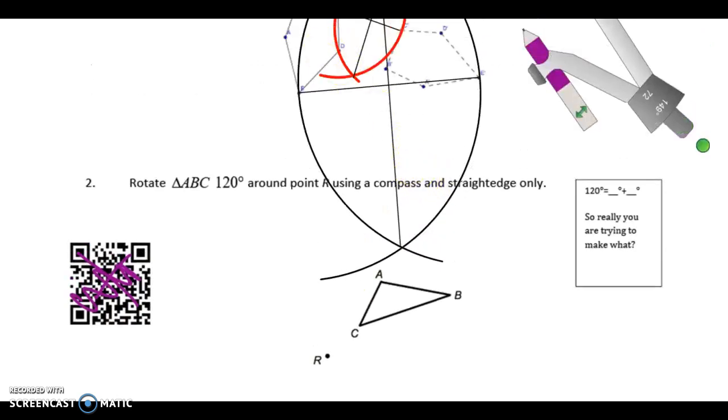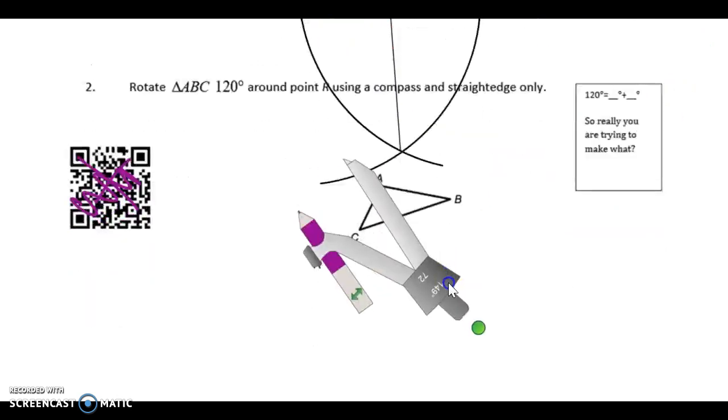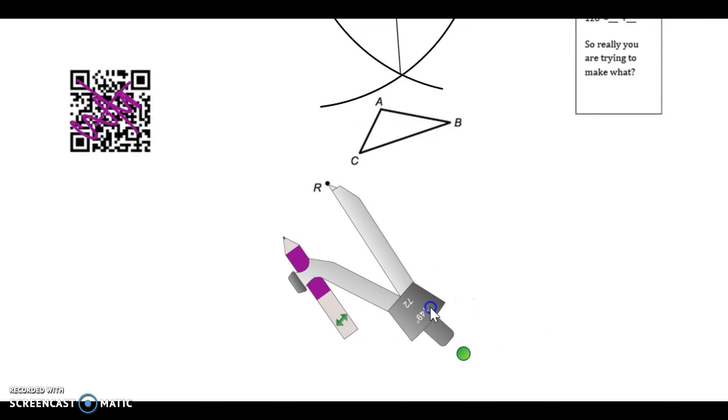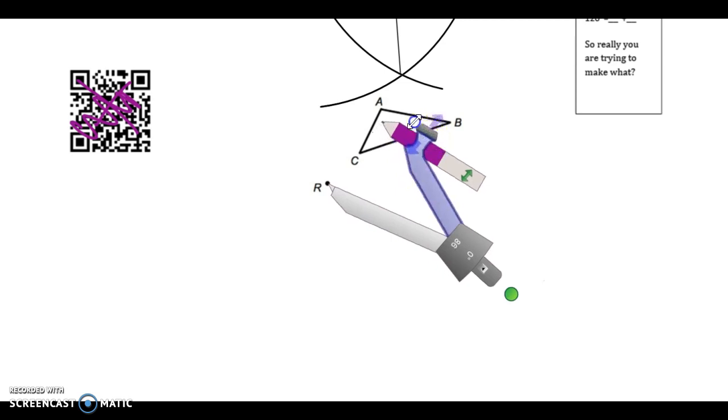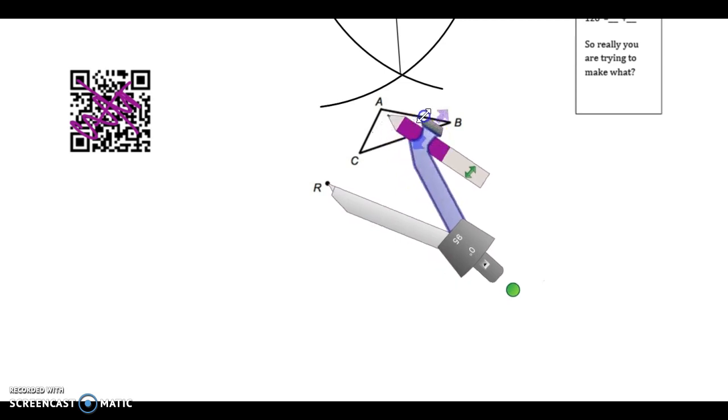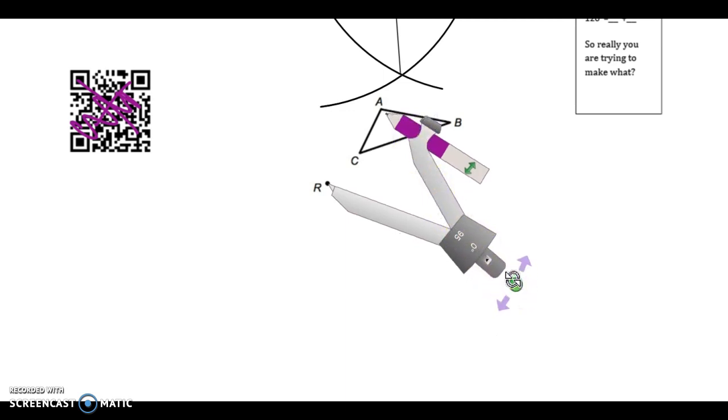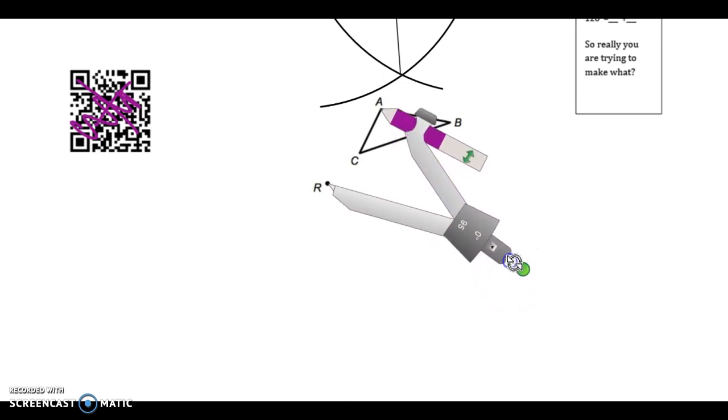Got to go back up and grab my compass that I left up here. All right, so I'm going to do A, you're going to do C and B. So I'm going to put my point at R, my pencil at A.